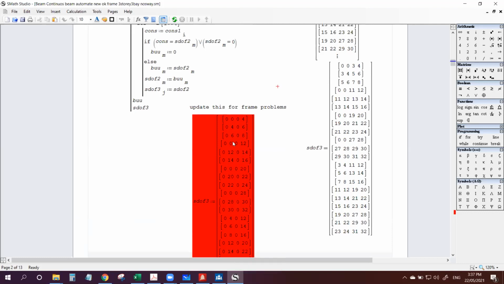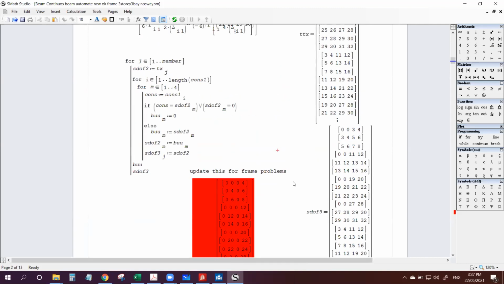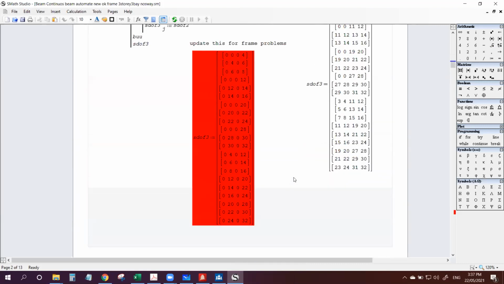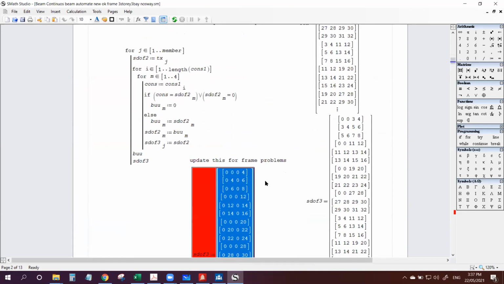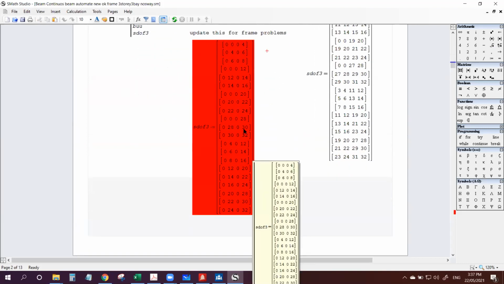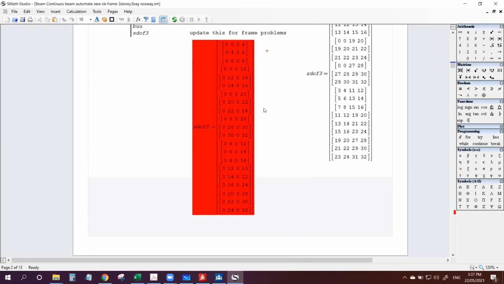and this one 4, 6, 6, 8, 12, 12, 14, 20, 22. So I need to manually update this, no? Because I will still check if this is consistent with what should be obtained in my stiffness matrix.